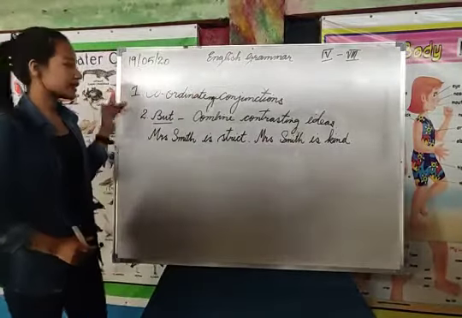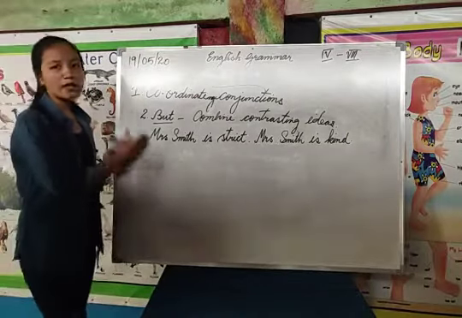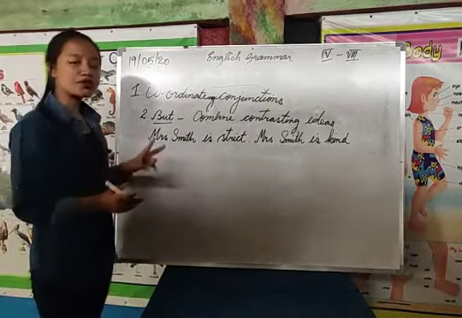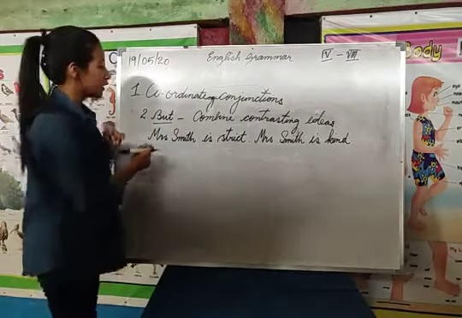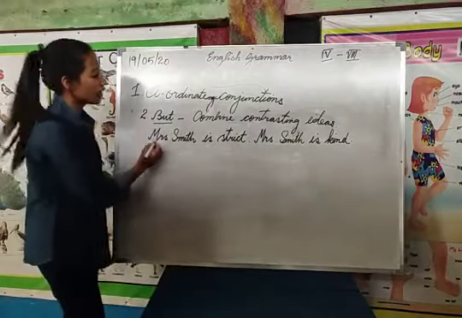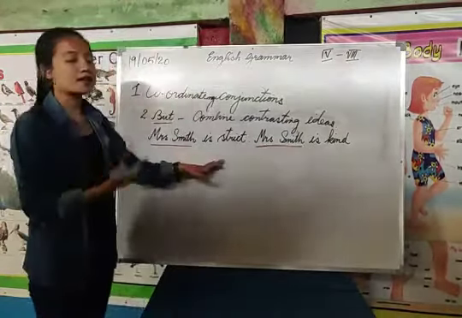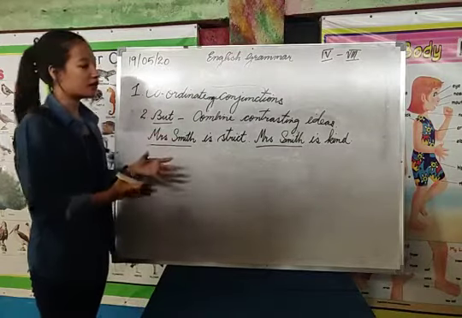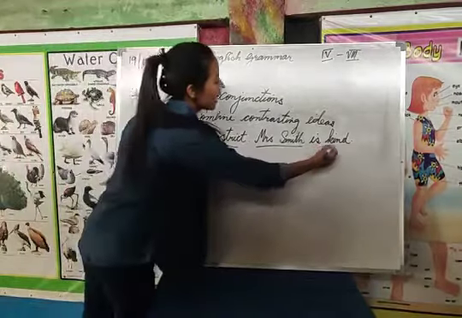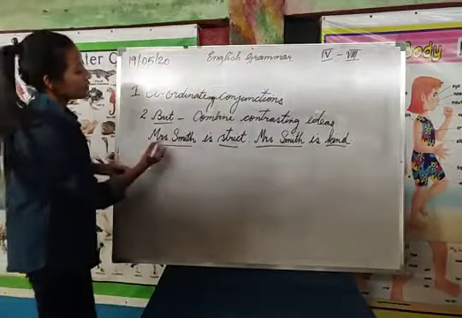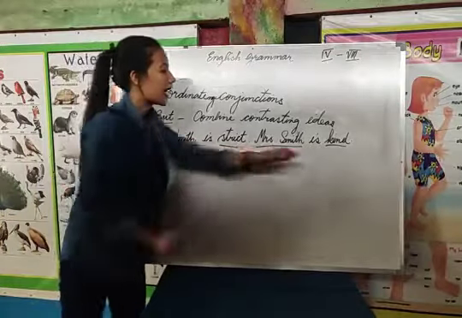In the previous conjunction and, we know that Jane and Samira are two different people who do the same action of coming to my party, right? But here we are talking about Mrs. Smith, and we are discussing her contrasting character, contrasting quality, strict and kind. So we are describing Mrs. Smith with describing adjectives, strict and kind.